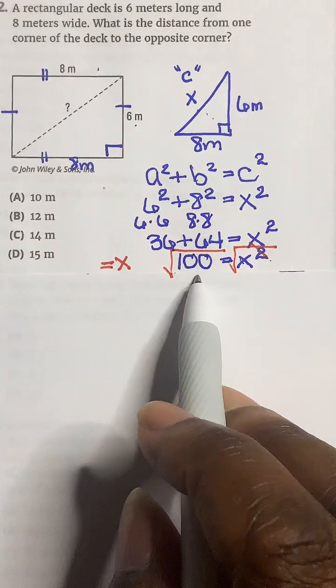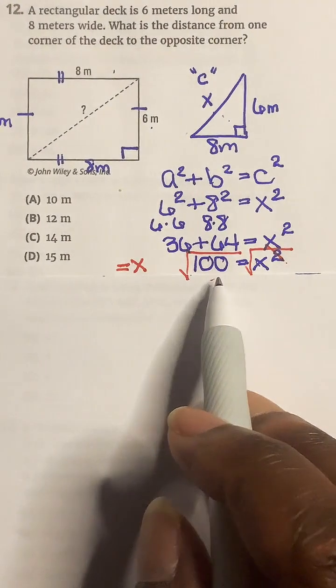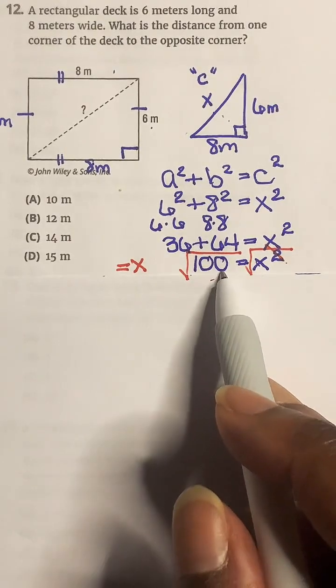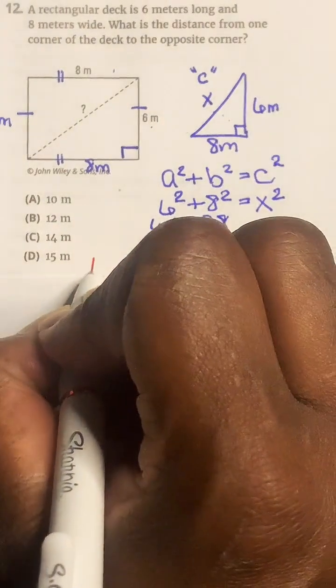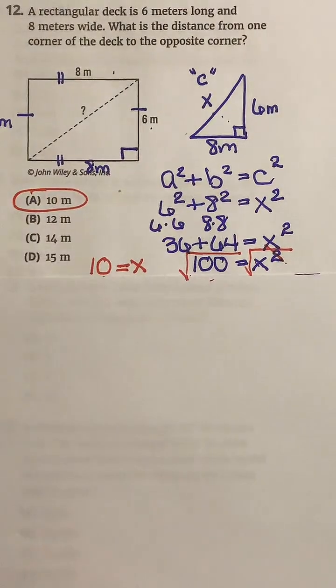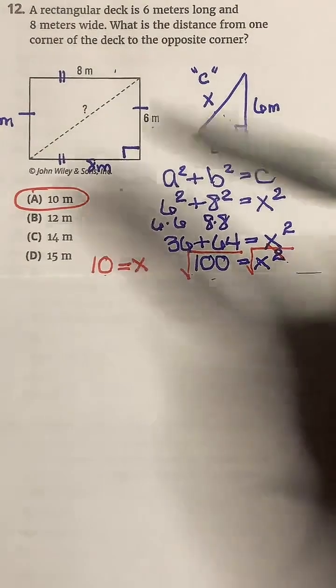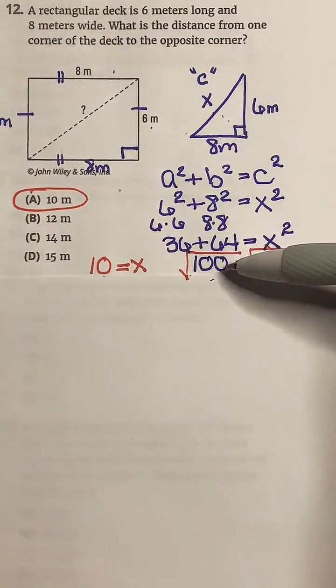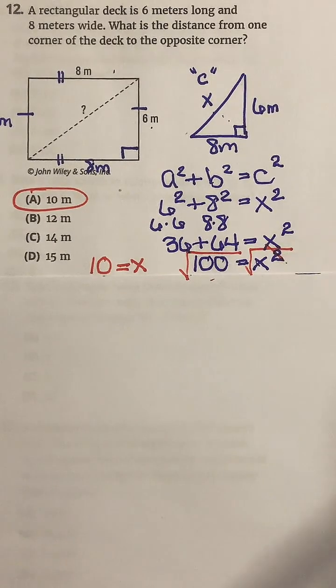It's basically saying what multiplied by itself 2 times will give me 100. Well, 10 times 10 gives me 100. If I try to square any of these, they're never going to give me an ending of a 0. Okay, so that's why it's 10.